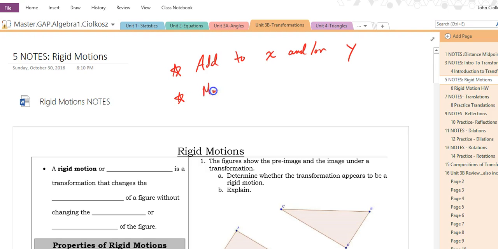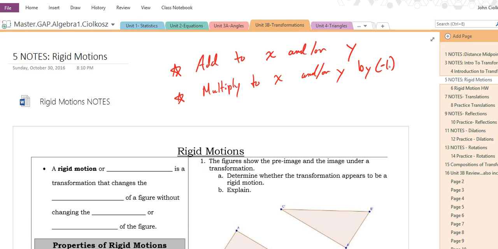I can multiply x and or y by -1. Still rigid motion.